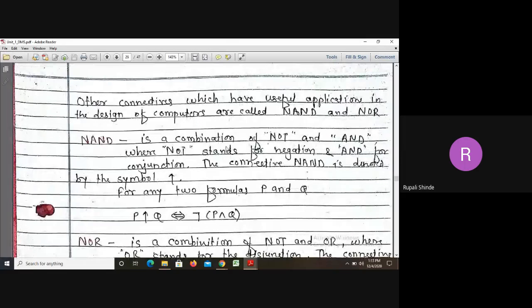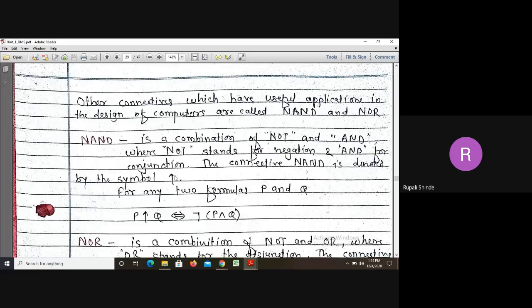Then the next, second-order connective, is NAND. Why is it called NAND? Because it is a combination of NOT and AND, where NOT stands for negation and AND is for conjunction. How can we represent NAND? This is the symbol for NAND, an upward arrow.